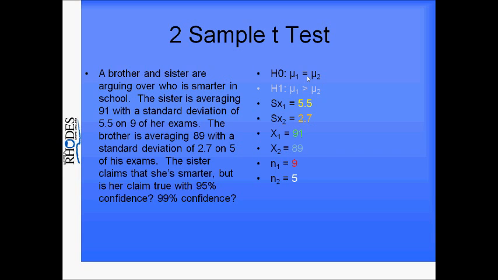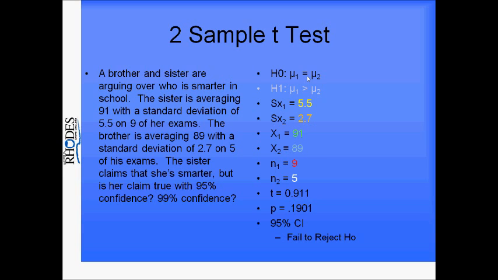So you plug this in, and the parents ultimately find out who's smarter or not, right? You get a t-value of 0.91. So that's a p-value of 0.19. So unfortunately, the sister is going to struggle proving that she's smarter with any level of confidence, because that's a larger p-value.